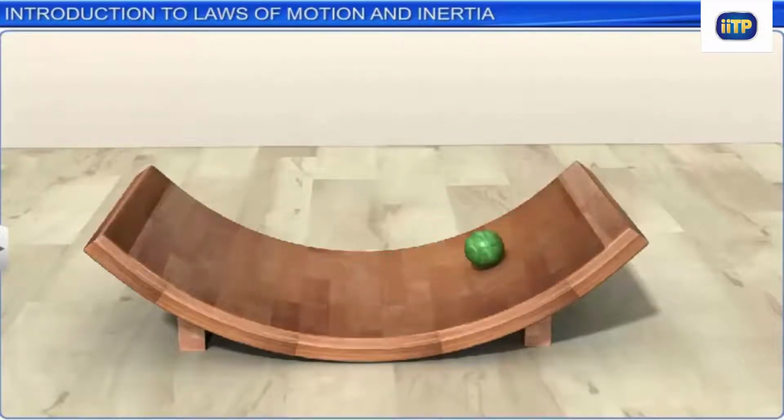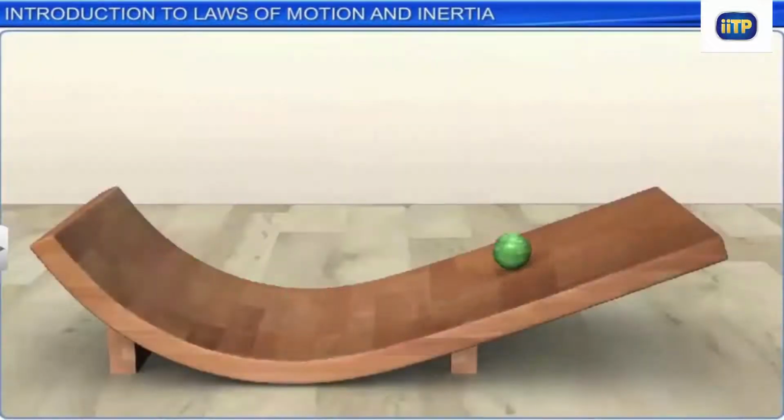When the slope of the two inclined planes is the same, a roller released from rest on one plane rolls down that plane and climbs up the other plane to the same height from which it was released, or a little less. When the slope of the second plane is reduced, the roller climbs up to the same height, but this time it travels a longer distance.